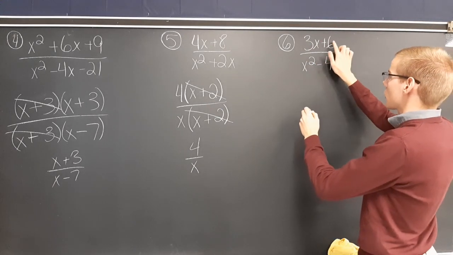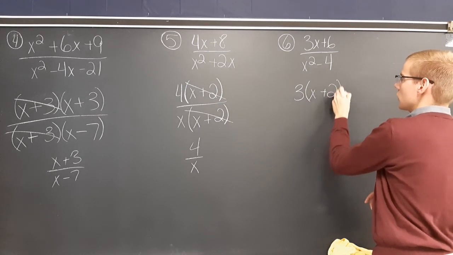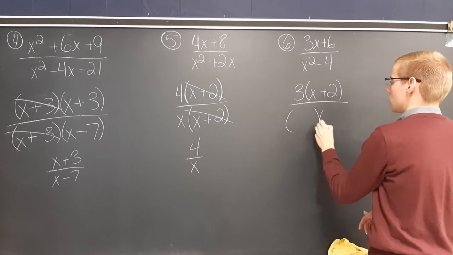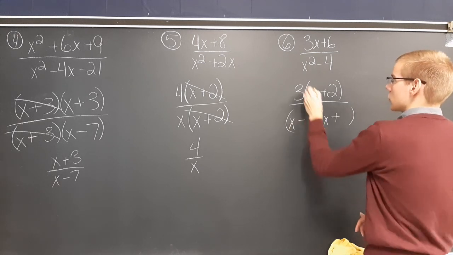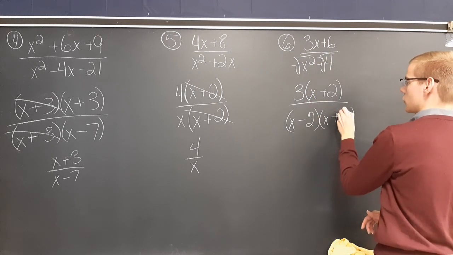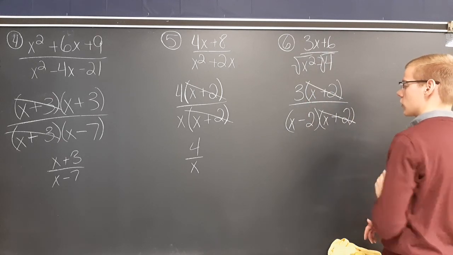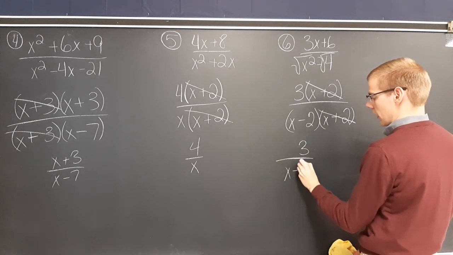So what number goes into both of these? It's 3. We have an x and a 2 left over. And now, one of these will be a positive, one a negative. X, square root of this, square root of this, which is 2 and 2. These two are similar, and your answer is 3 over x minus 2.